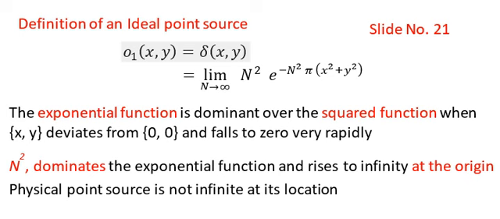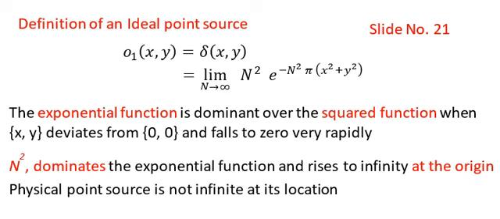When both x and y are 0, this function will blow up, that is, we get an impulse there. But when x and y, or any one of them, is non-zero, the delta function is 0 immediately. We shall see in the following two statements that this definition gives the same behavior as the Dirac delta function.